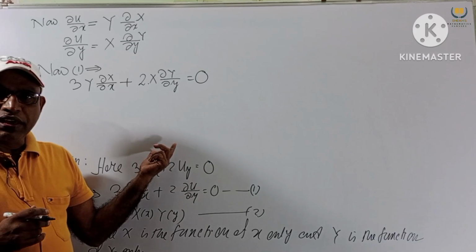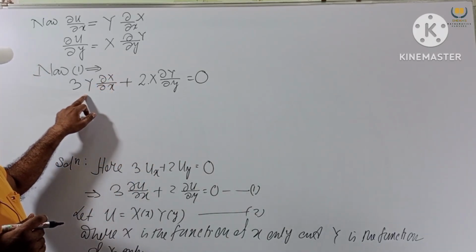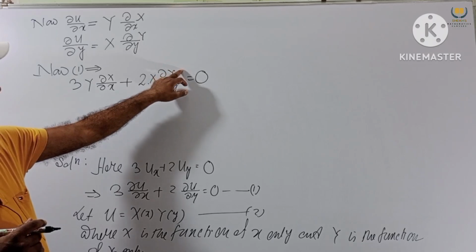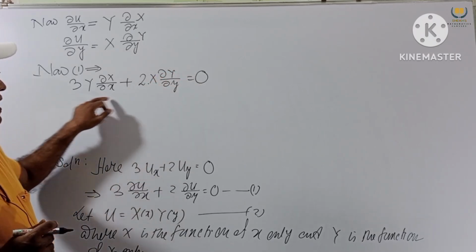Now this is our variable separation. Here del x with y, this is not possible. Here del y with x, this is not possible. So dividing both sides by XY.